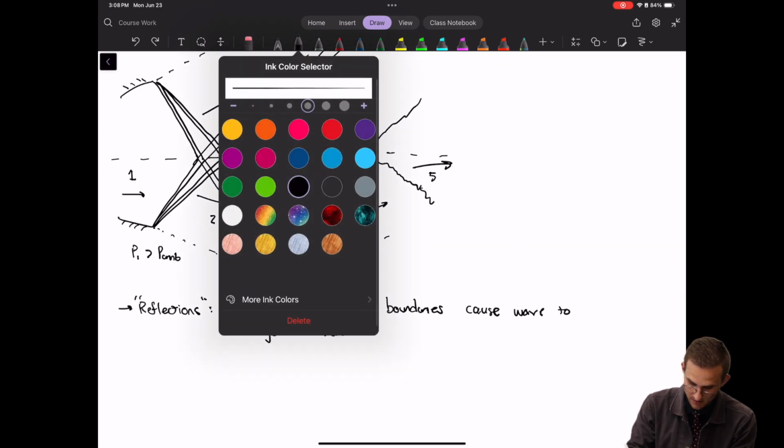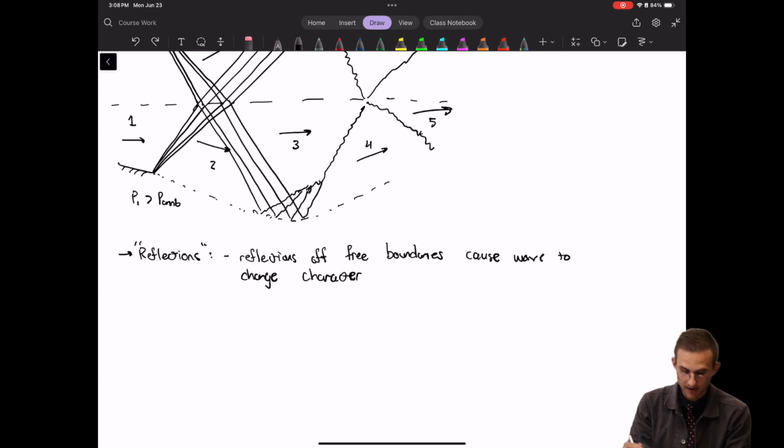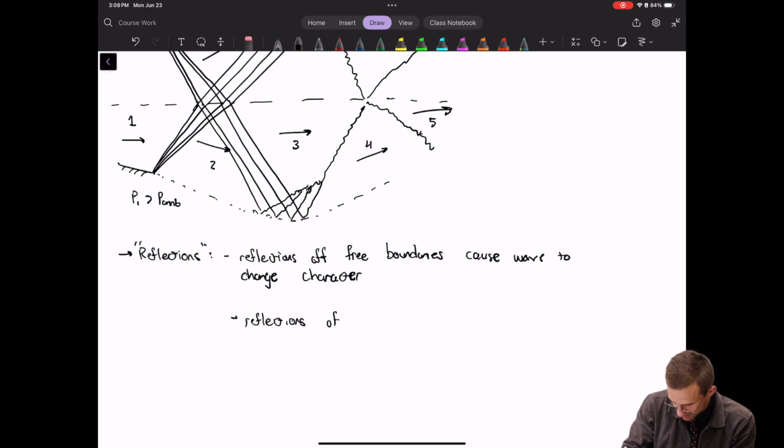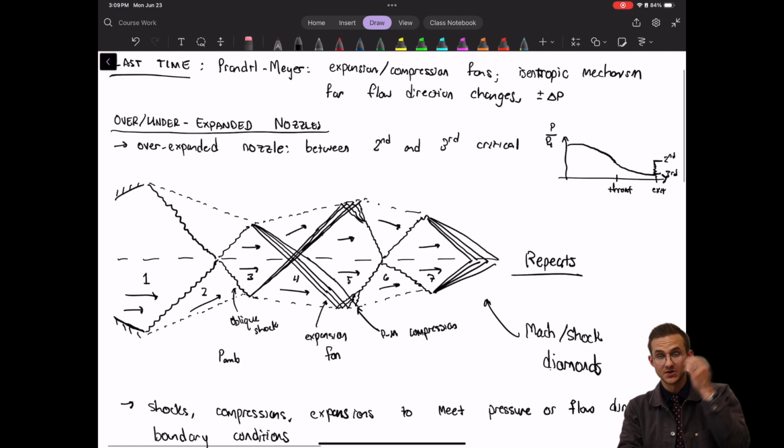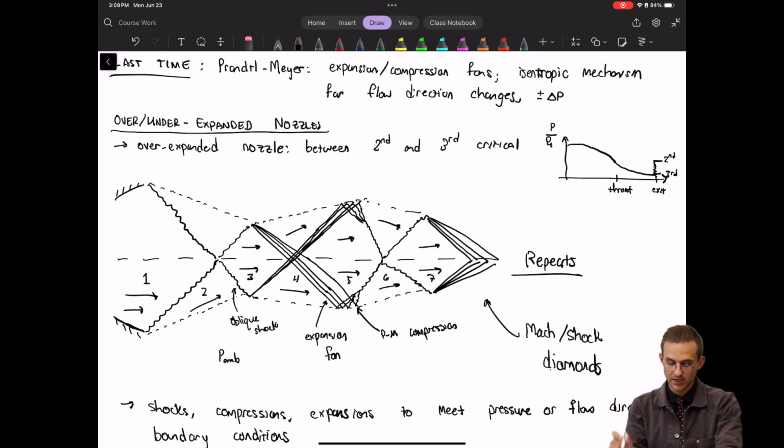And then reflections off solid boundaries preserve character. So I said when we first started talking about these structures, I think in the last lecture, the center line, essentially you can think of it as a physical wall. And the reason why is because you need that flow symmetry across the center line.